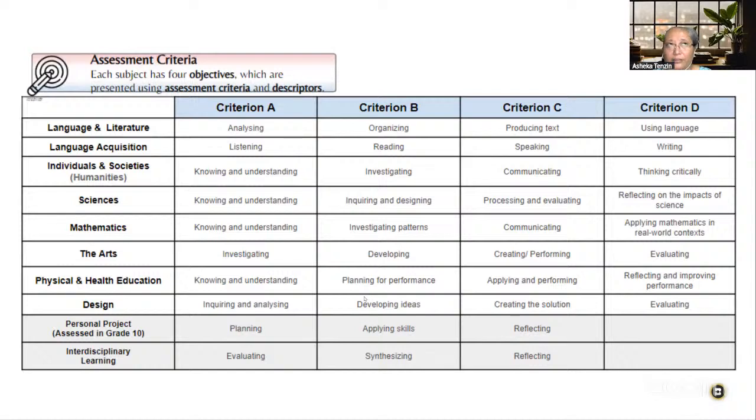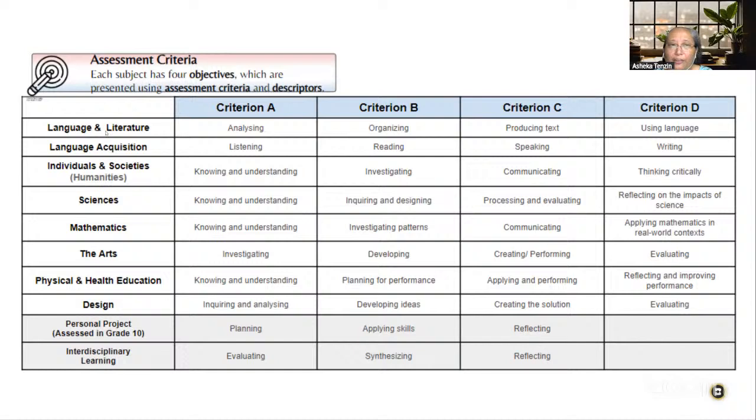He has a lot of information on his blog. So if you search Stephen Taylor MYP Science, you will find it. And in this particular presentation that he has created, he has put all the assessment criteria headings of each of the assessment criteria of all the subjects. So I've just taken it from there.